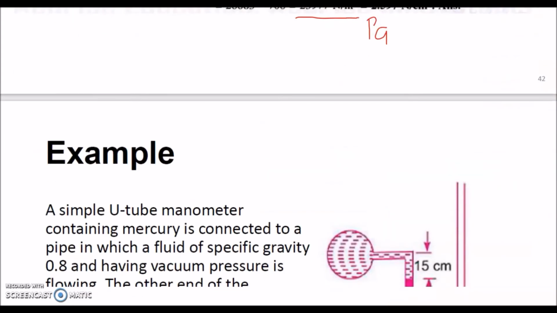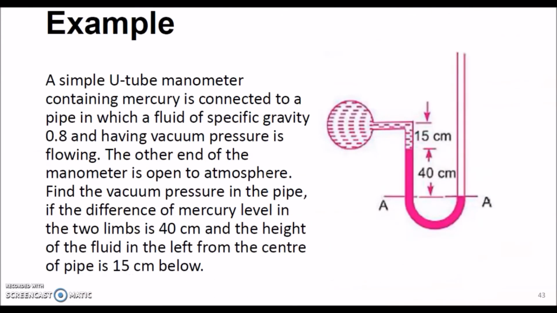Okay, next example. This is for the vacuum U-tube manometer. We have a specific gravity of 0.8, and the end is open to atmosphere. Find the pressure given the difference of mercury levels at the two limbs is 40 cm and the height is 15 cm. So we have 40 and 15.